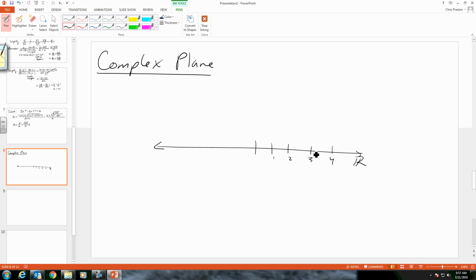So pi is like 3.1 something, it is around there somewhere. Square root of 2 is 1.4 something, around there somewhere. So every real number is somewhere on that number line. And you could look at relationships between different real numbers. But with complex numbers, you can't just use a number line to describe where they are and see relationships. So what we use instead is a plane.